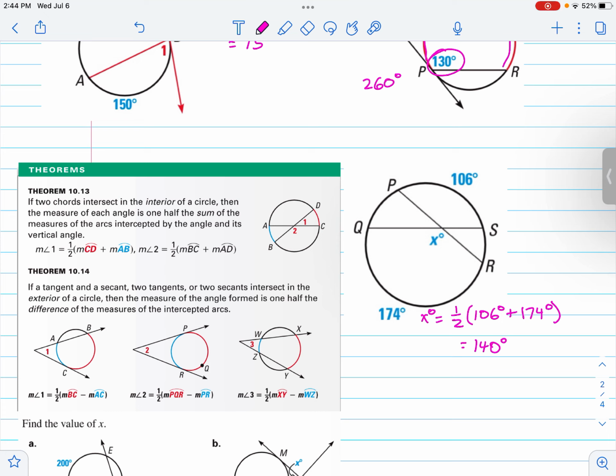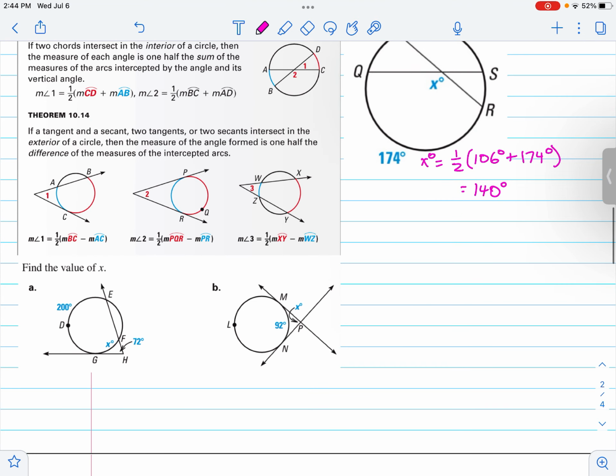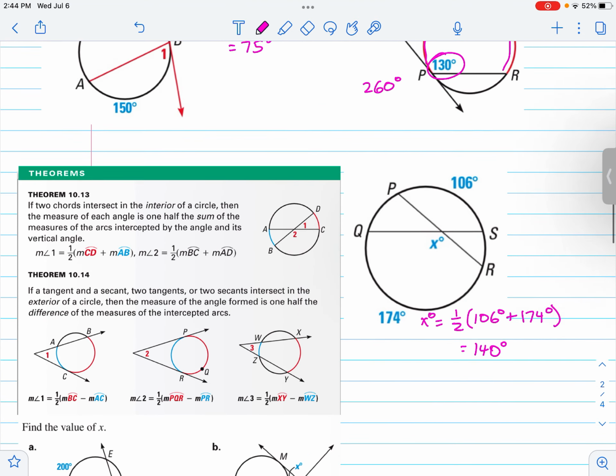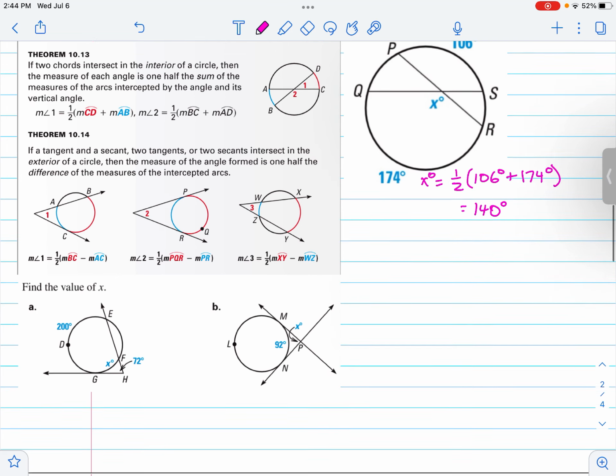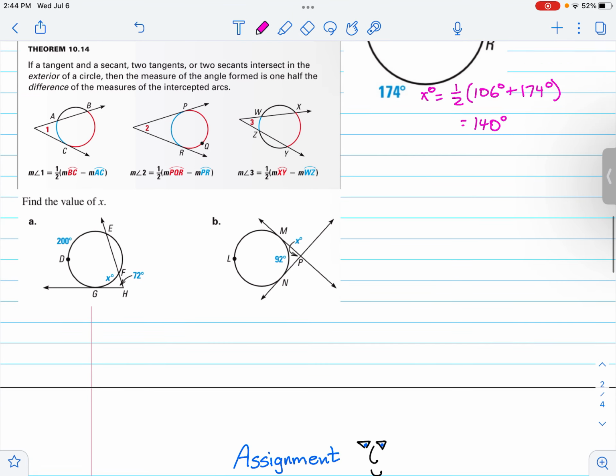So that's the angle measure there. Just some examples. I've got the theorems here, but I summarized them at first, and these theorems are what gave me the authority to make the statements I did at the very beginning.